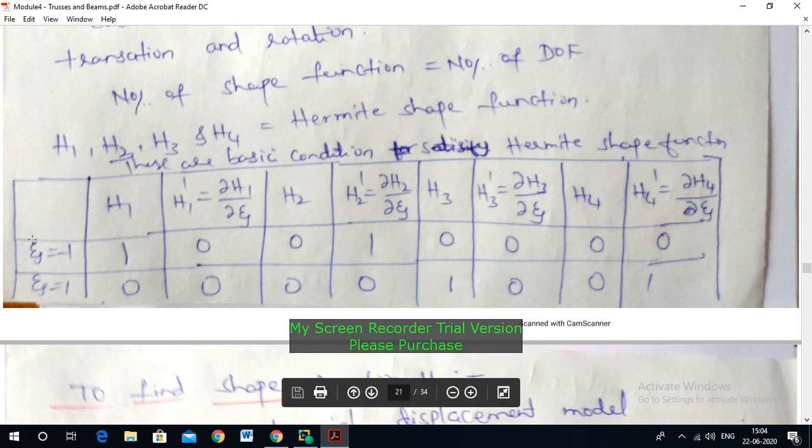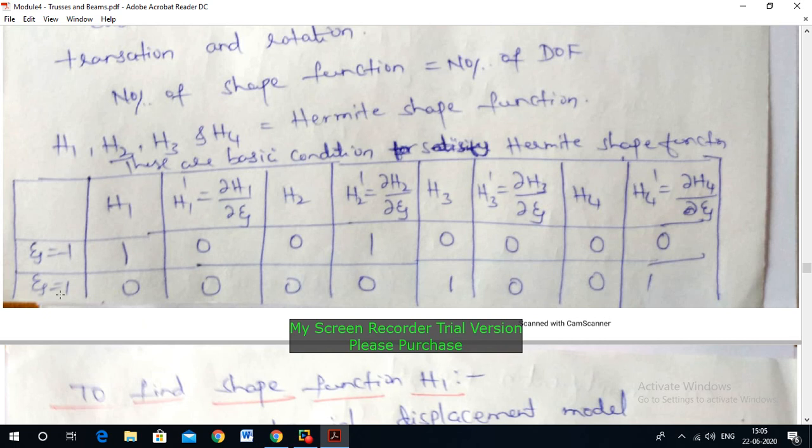Okay, if zeta is equal to -1, always h1 equal to 1, and derivative h1 dash is 0, h2 is 0, h2 dash 1, h3 equal to 0, h3 dash is 0, h4 equal to 0, h4 dash equal to 0. These are for node 1, these are the boundary conditions, and remember h2 dash is always equal to 1.